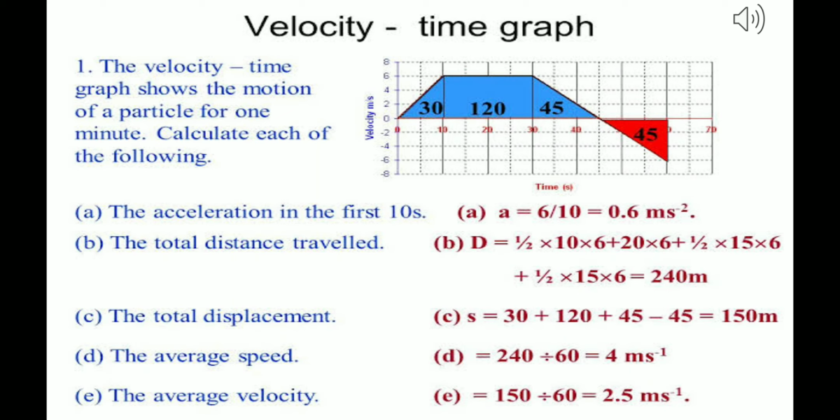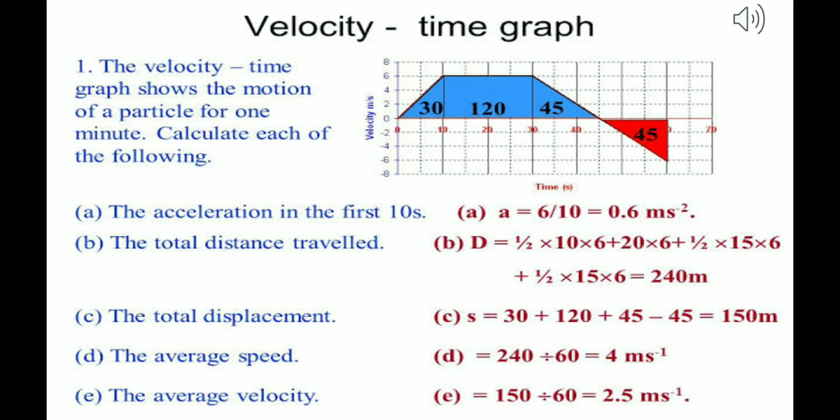So now we come to the velocity time graph. Now this graph shows what all can be calculated from a velocity time graph. Number one is the acceleration from the graph. How? By getting the slope of the graph.